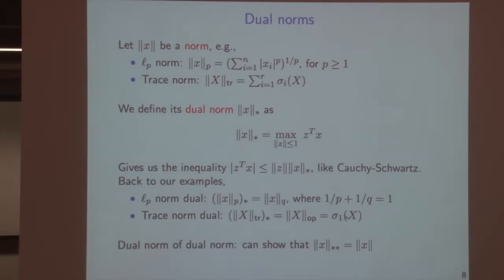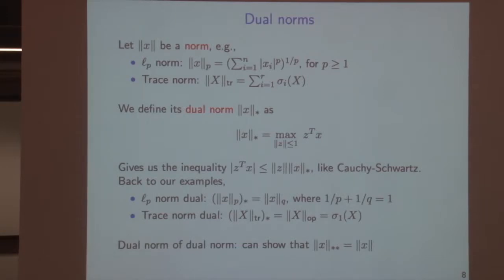So these are things I would say just to remember. They're very useful relationships. Lastly, we can show that the dual of a dual norm is the original norm, and this is something you should think about how to show. It's similar to what you're doing on your homework, where you're showing that the conjugate of a conjugate function is the original function. It's a pretty similar exercise here.